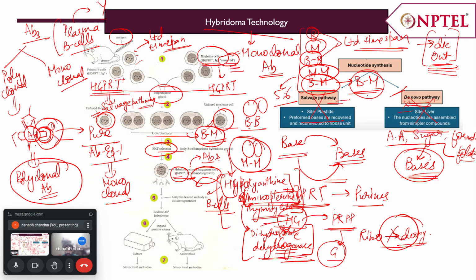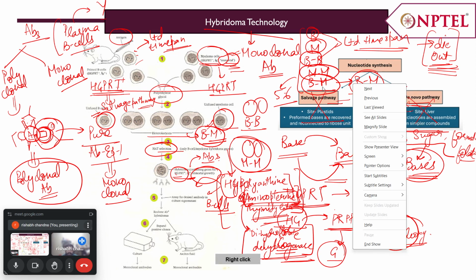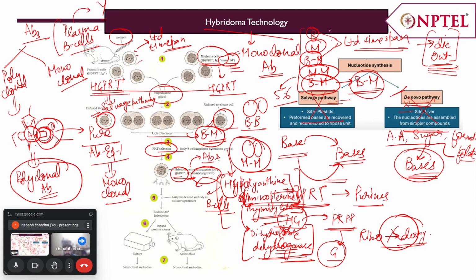So in this case we'll subculture, and eventually during subculturing the B cells or the fused B cells are wiped out, and we remain with the BM cells only. These BM cells we'll subculture inside the medium, and then we have to generate the desired antibodies.